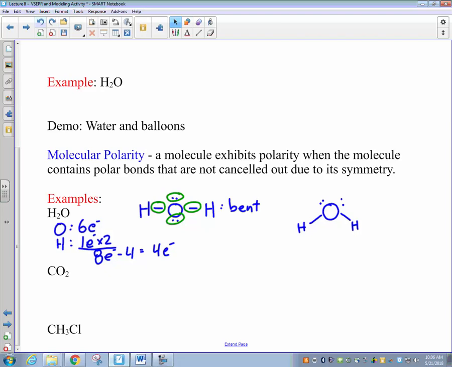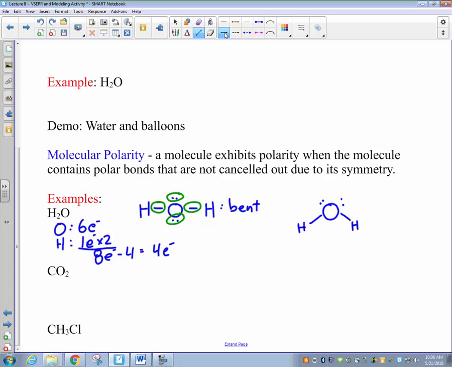Now what I'm going to do next is draw the separation of charge, using a little arrow to represent the dipole. Oxygen on your periodic table is the second most electronegative element on the entire periodic table, and as such, it is significantly more electronegative than hydrogen.